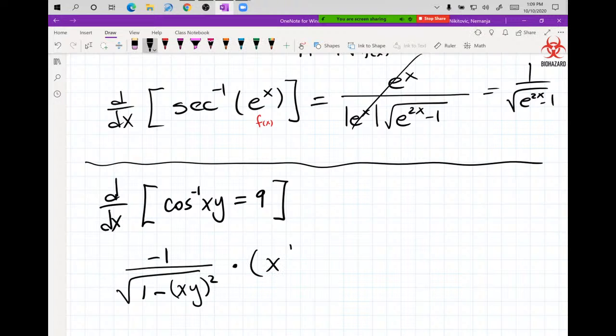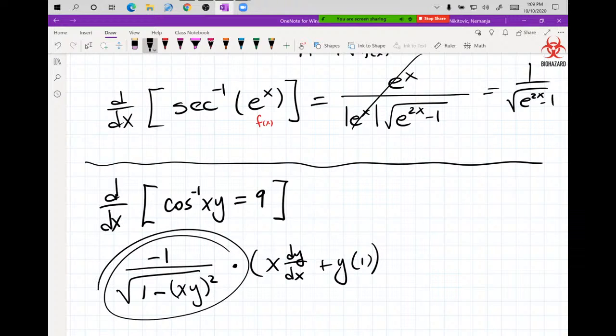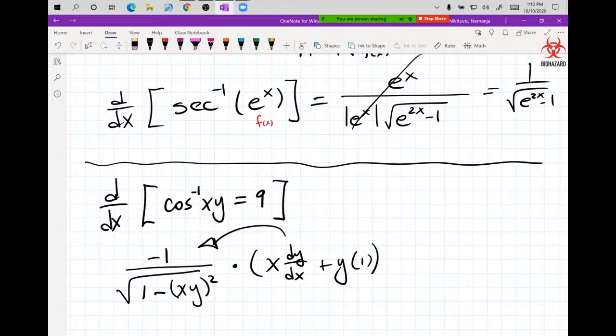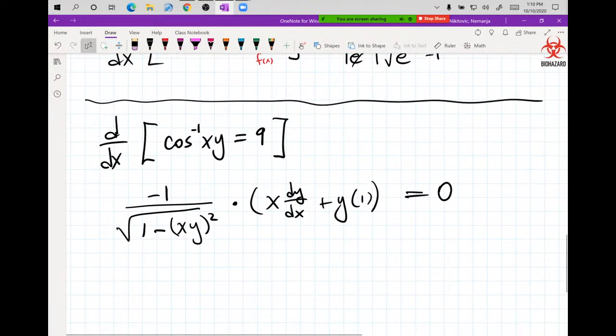So, copy the first, derivative of the second, plus copy the second, derivative of the first. You are done with your inverse cosine. Here is the inverse cosine, and here is that f prime that should be going on top over here. We put it as a chain next to it, right? Because we had to do that. Equal to 0. And now you just follow the rules to write this the way you want it.